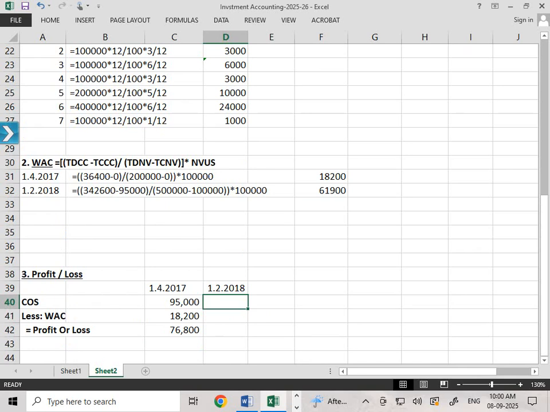Here, first February 2018, cost is 97,000 and weighted average cost is 61,900. Profit or loss? Again profit. Profit of how much? 35,000.